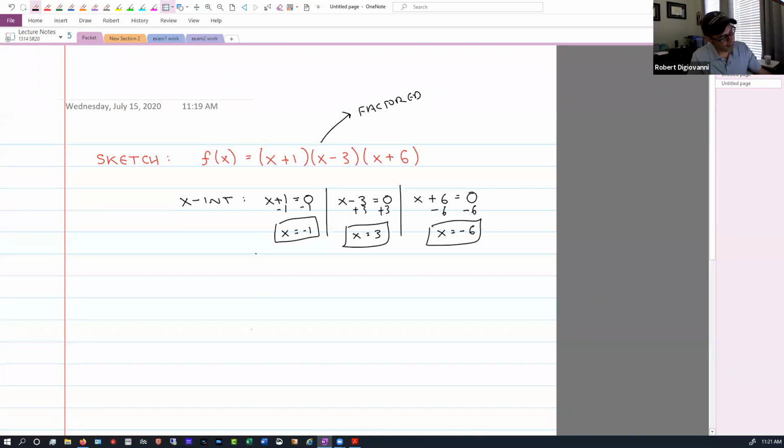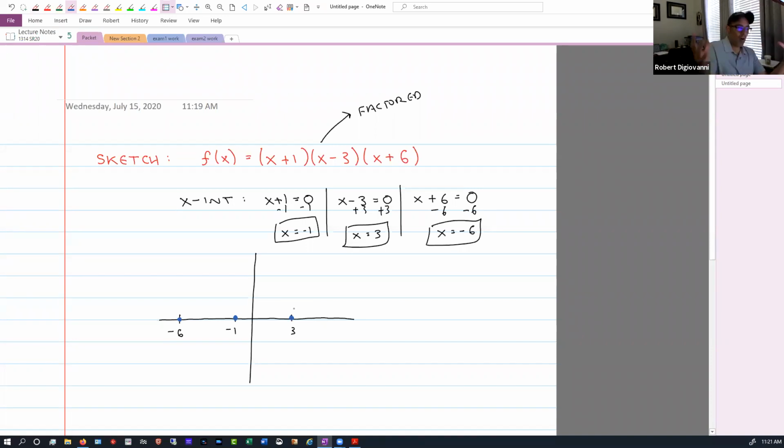If I were to graph this, I know that at -6, I have a dot right there. At -1, I have a dot. And I know that at 3, I have a dot. But that's all I know so far.